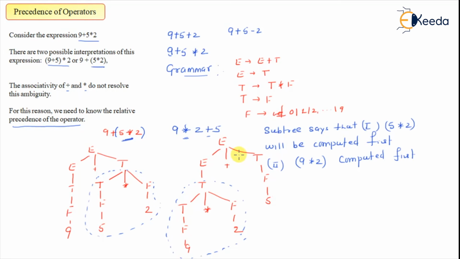We can do a little bit more here. Suppose I change the grammar; let me rewrite a new grammar: E derives E multiplied by T, E derives T, T derives T plus F or F, and F derives number. Let me take the string 9 plus 5 multiplied by 2.